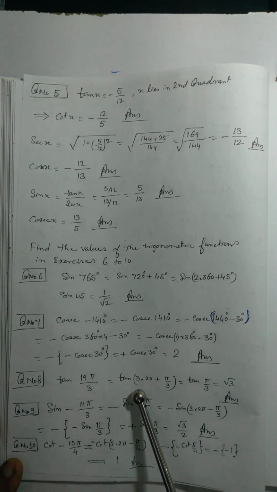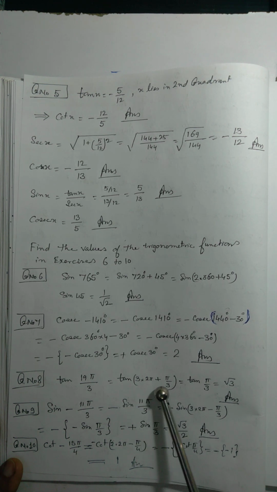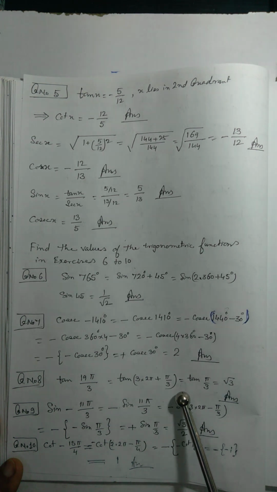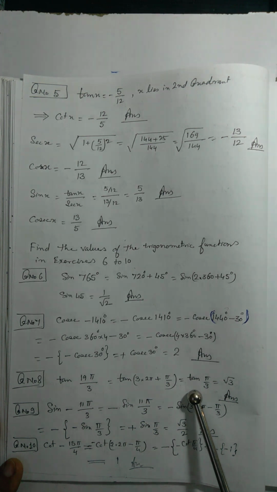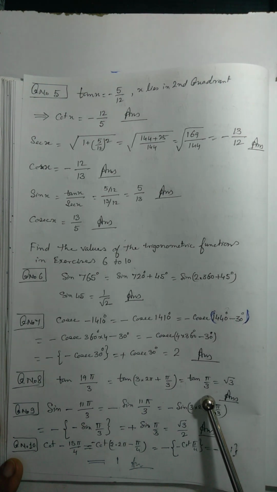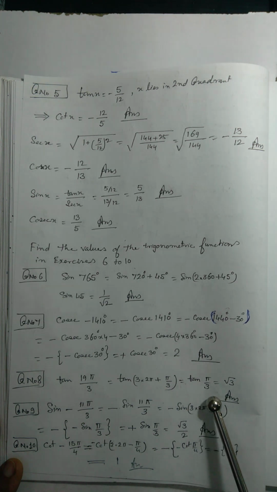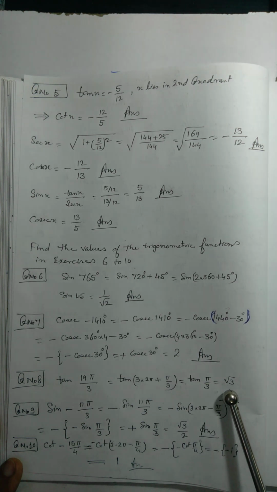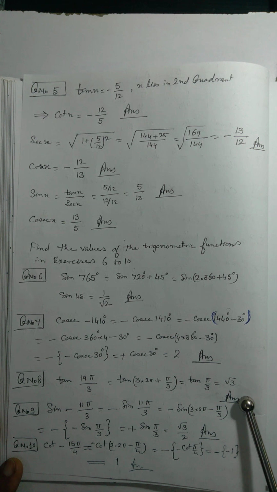So now here I have written 3 into 2 pi plus pi by 3, and it will be equal to tangent pi by 3. The value of tangent pi by 3 is root 3. And this is the answer of question number 8.